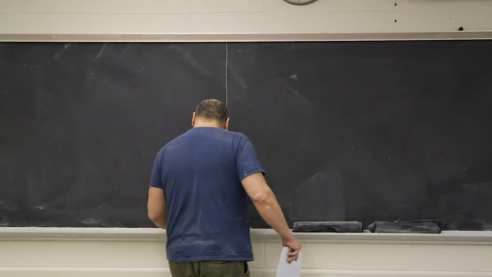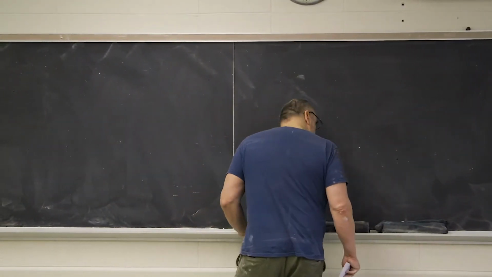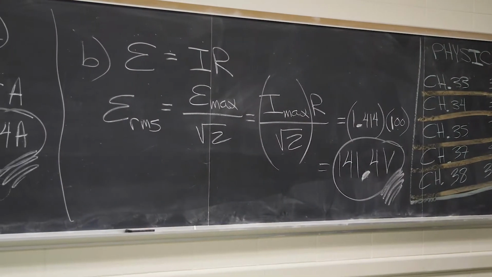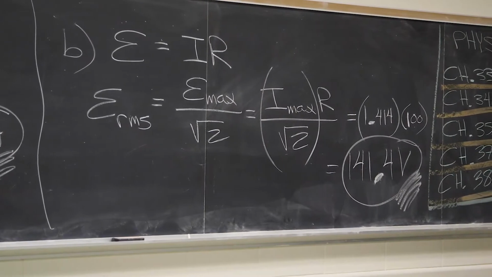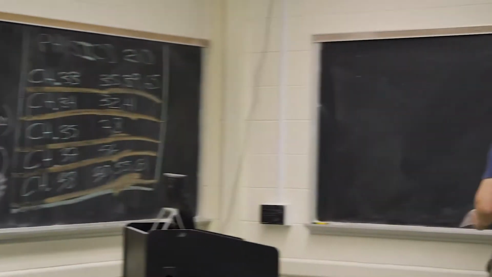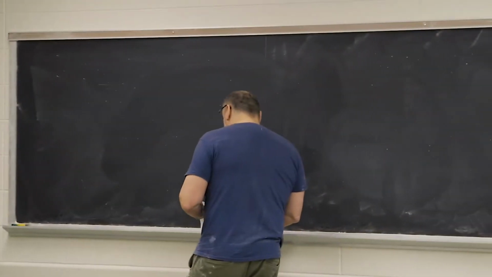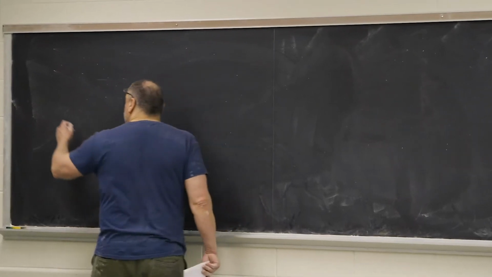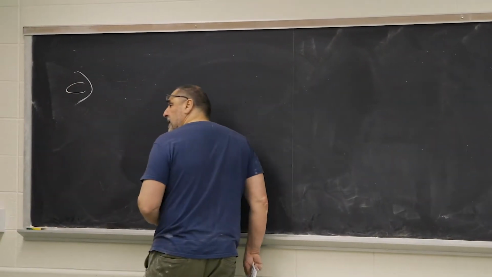You are looking at this. So, let's see what we got here, guys. All right, we're looking good there. That's B. Let's look at C. C, they're saying, what is Emax? It's pretty easy stuff, guys.